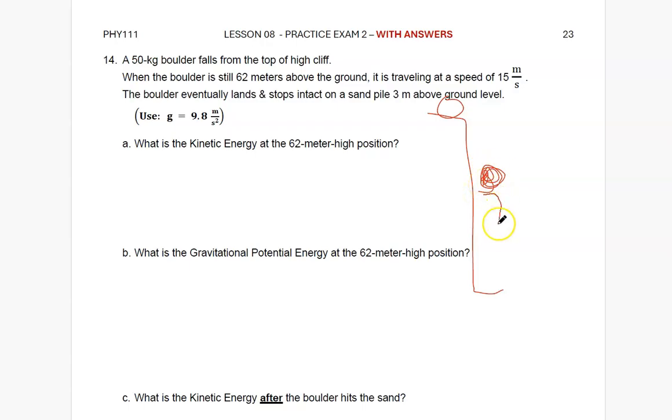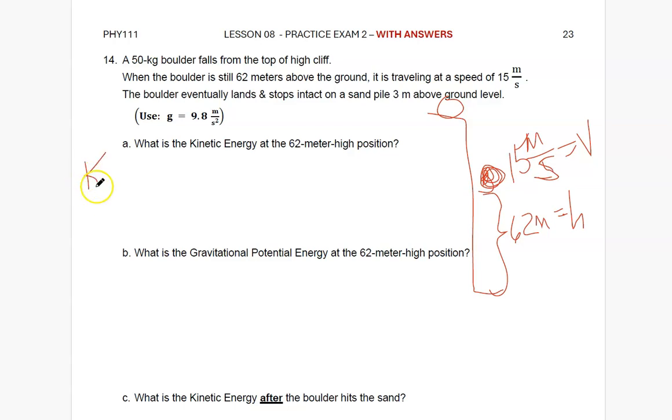It is still 62 meters above the ground, so that is our height, and it is moving at 15 meters per second. That is our speed. And we're asked to calculate kinetic energy and gravitational potential energy.